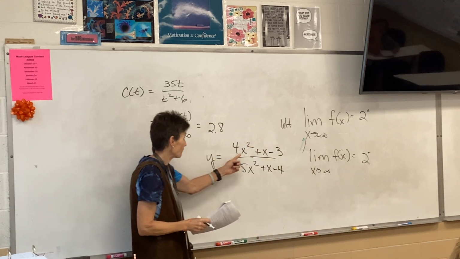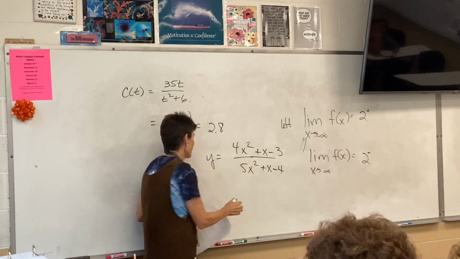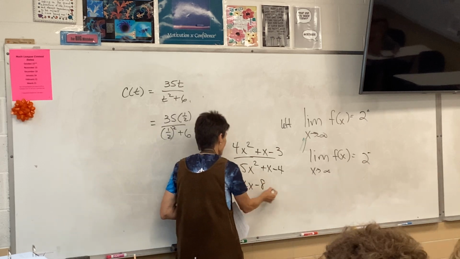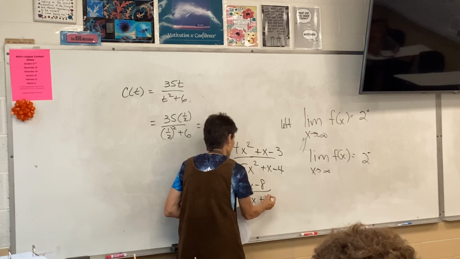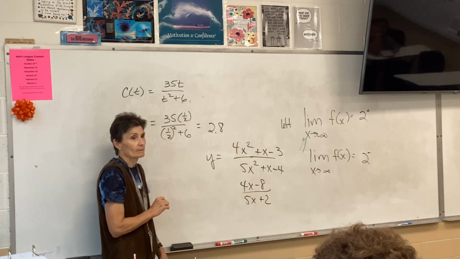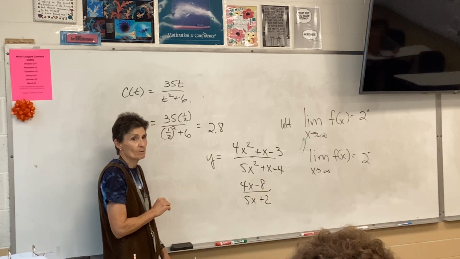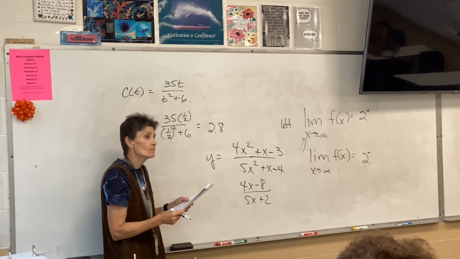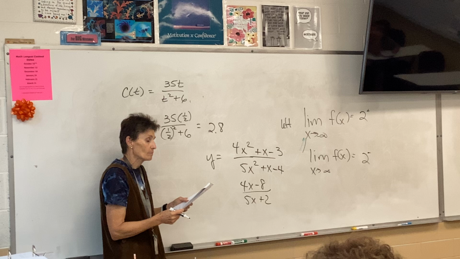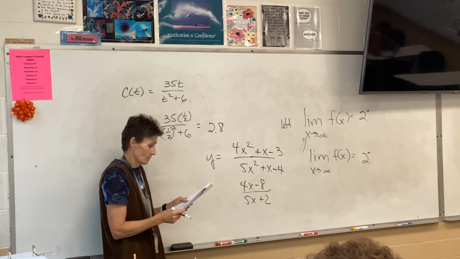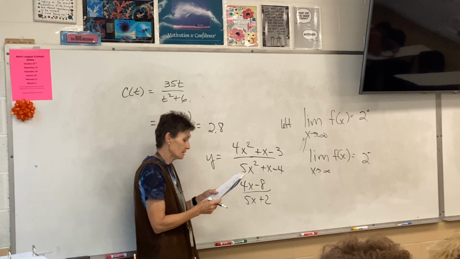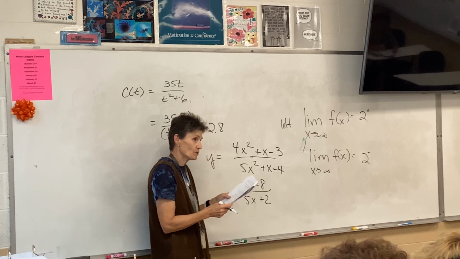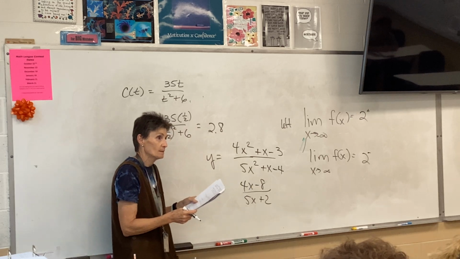Now, do these have to be squares? No. Could you have 4x minus 8 over 5x plus 2? Would that work? Yeah. You already okay with that? Why does that have to be like a 1 degree difference? It says, I want the limit or the end behavior to be 4/5.